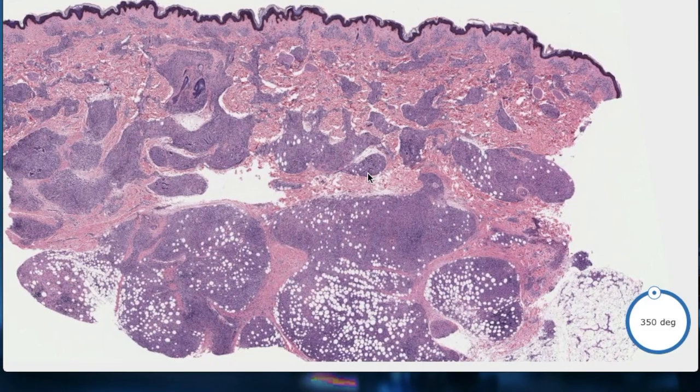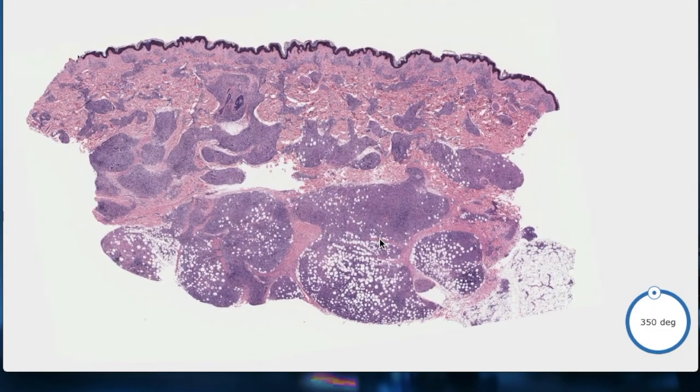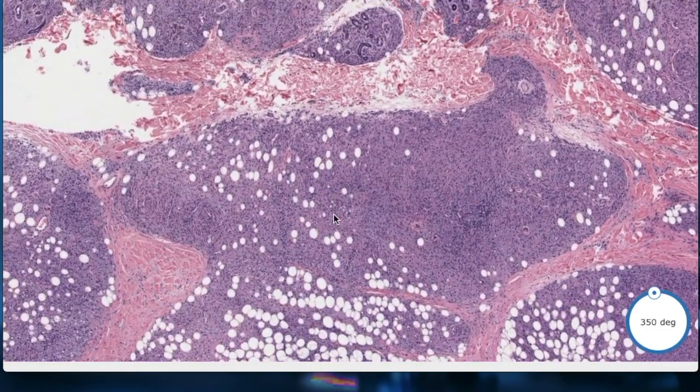We have this big biopsy from the skin where you see the epidermal area is intact. However, in the dermis, we have all this granuloma formation filling the entire dermis.